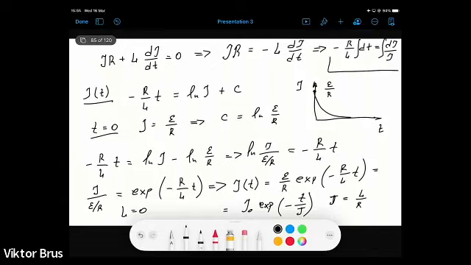And instead of going instantaneously to zero, it will decay exponentially over time. The duration of this decay will be defined by this RL time constant, so by the ratio between values of inductance and resistance in this electrical circuit.